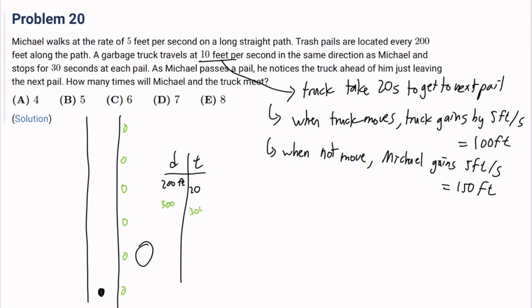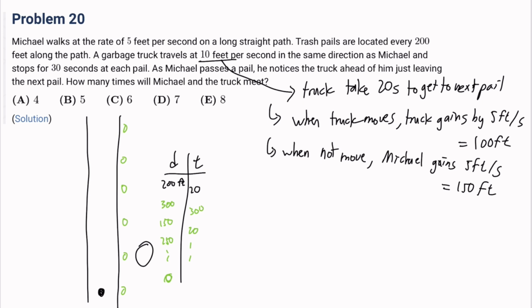And then after 30 seconds, because the truck has stopped, Michael gains 150 feet, so that will be 150. And then 20 seconds later, their distance will increase by 100 feet, so that's 250 feet, and so on, until they get 0.